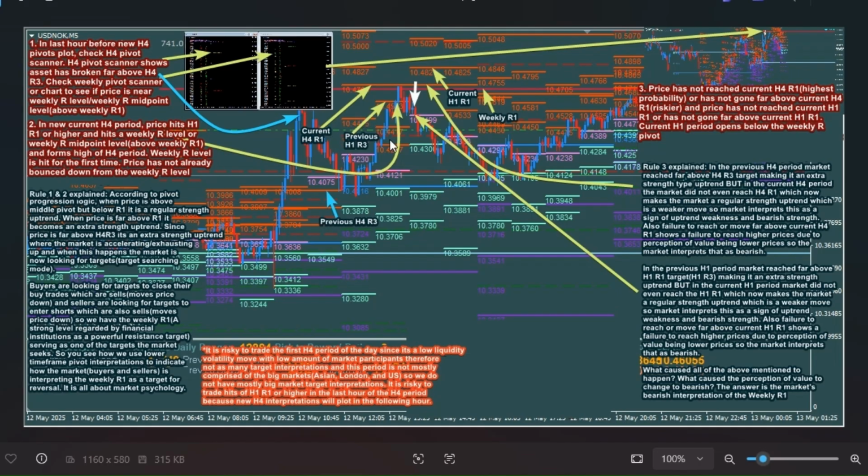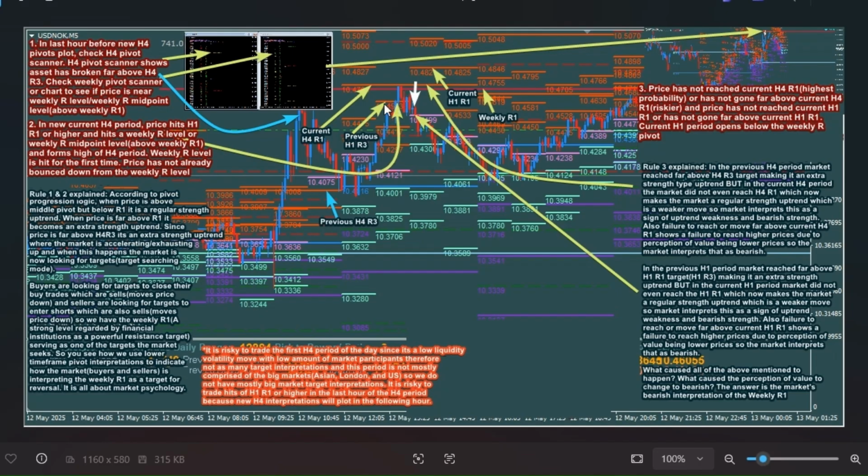But in the current H4 period, the market fails to even reach the H4R1. This is a regular strength uptrend. Okay? And that shows weakness because we went from an extra strength uptrend to a regular strength uptrend. And the market interprets that as weakness, okay?